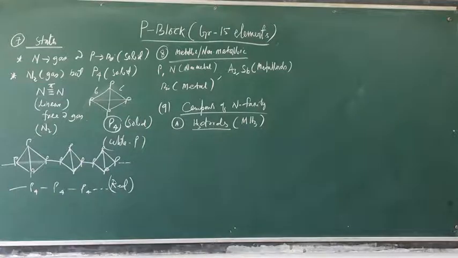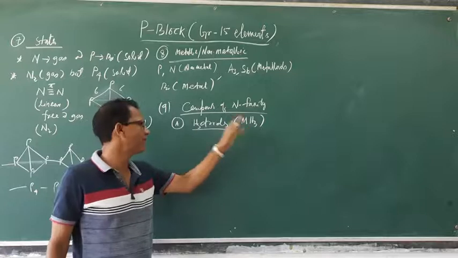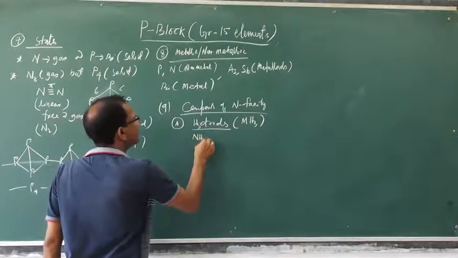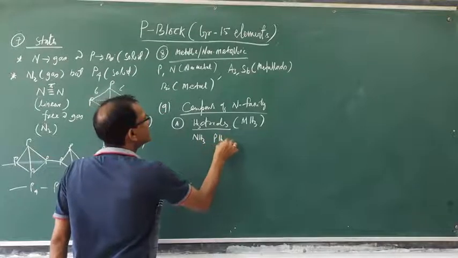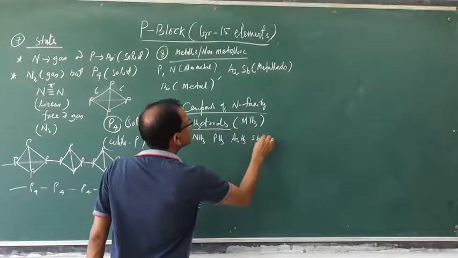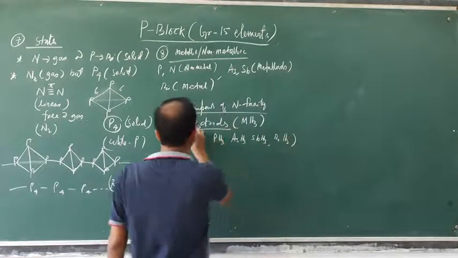The compounds of the nitrogen family, the first one is hydrides. Hydrides are MH3. What are the examples? NH3, PH3, AsH3, SbH3, then BiH3. So these are the hydrides.